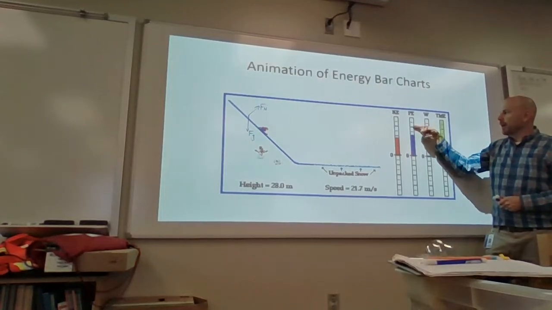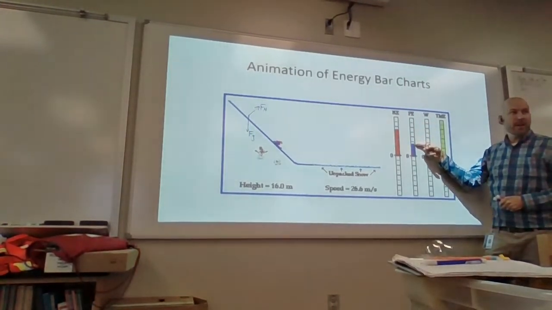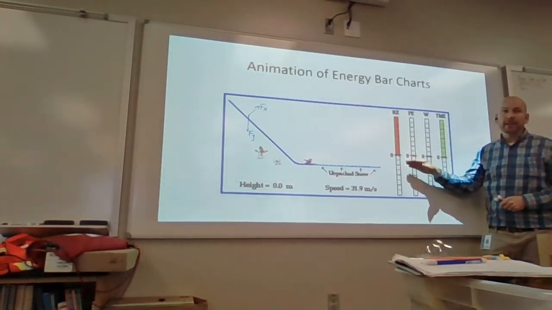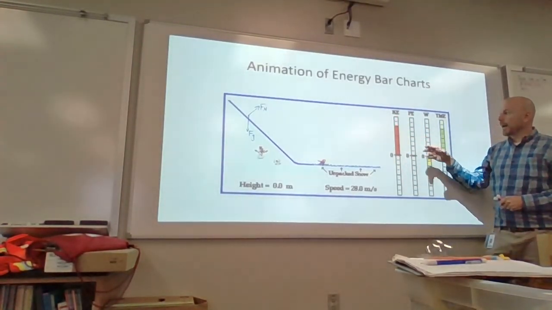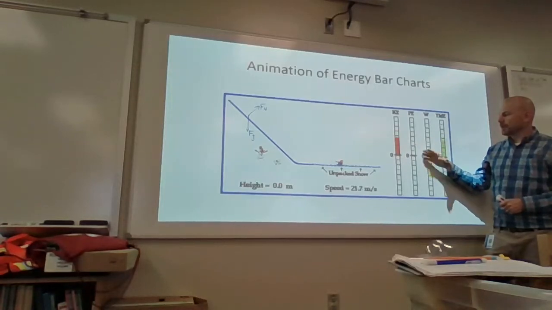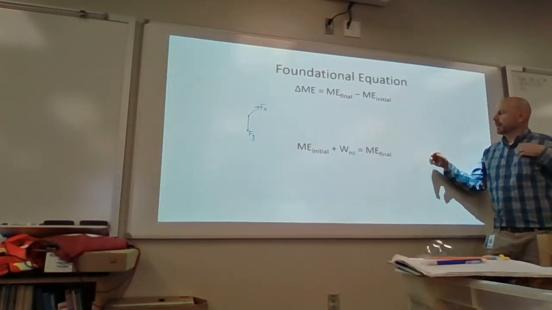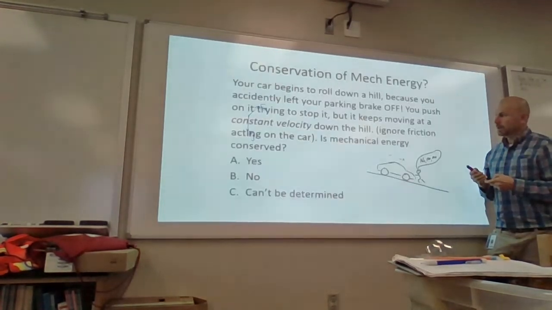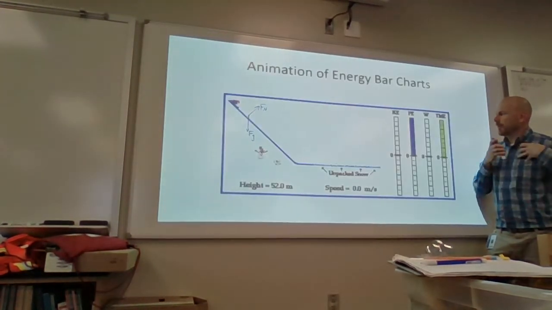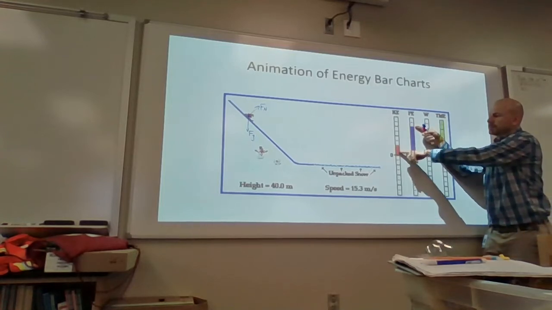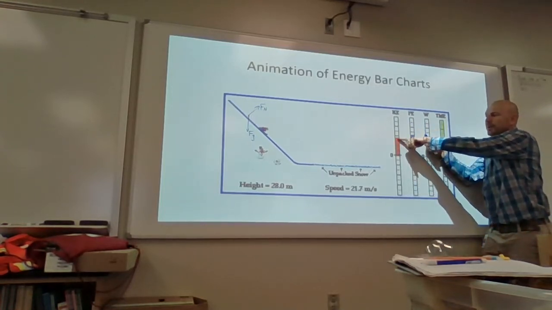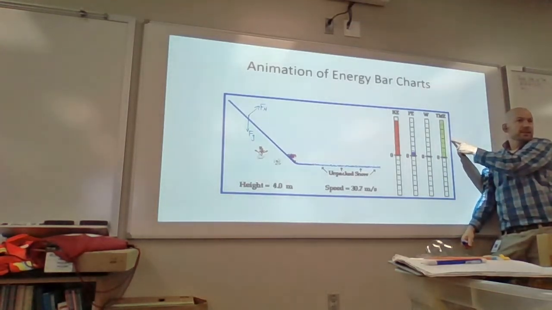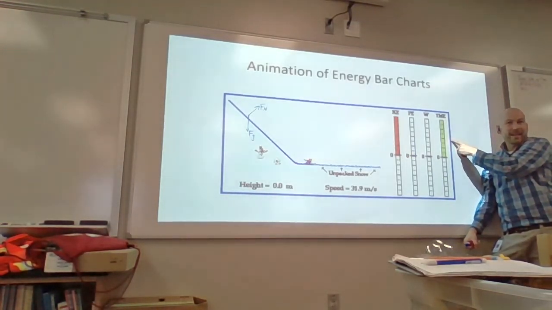As they go down the hill, their gravitational potential energy drops, but their kinetic energy increases because they're speeding up. The amount that this drops is equal to the amount that this gains. So the total amount of mechanical energy stays conserved, stays the same.